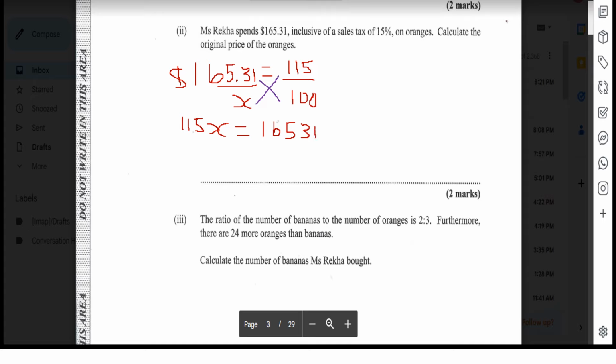We want to find x, so we divide both sides by 115. So we divide this side by 115, and we divide this side by 115.